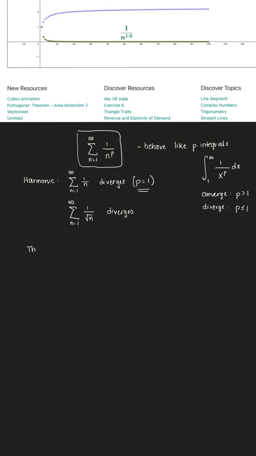The p-series converges whenever p is greater than 1, and diverges when p is less than or equal to 1. Same as our p-integral.